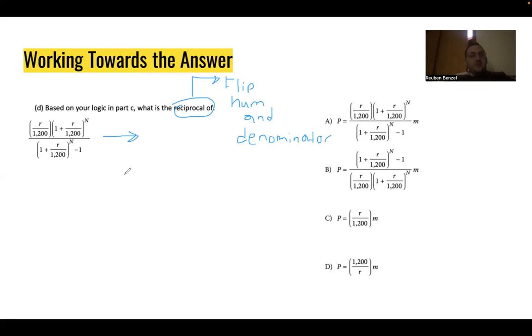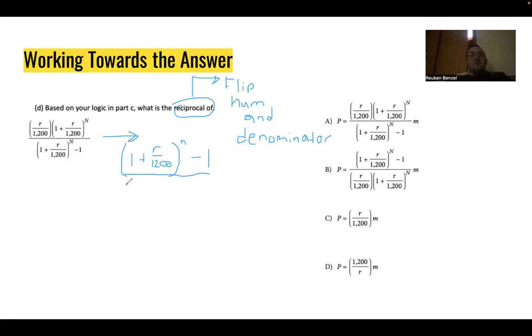We're going to put the 1 plus r over 1200 to the n minus 1 in the numerator.